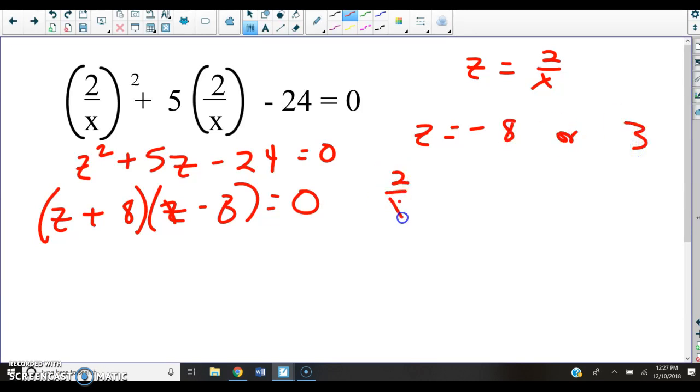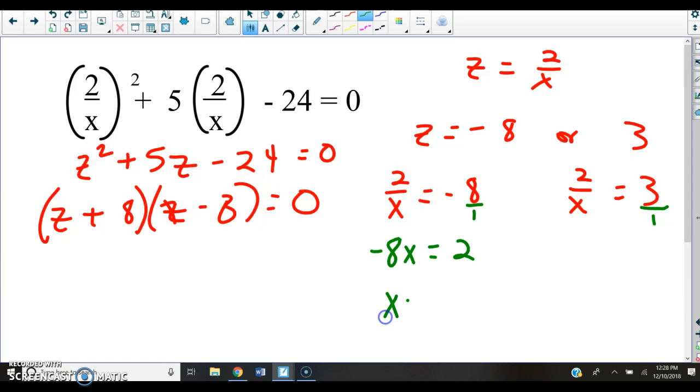So 2 over x equals negative 8. 2 over x equals 3. How do you solve those? I don't know about you, but I put these over 1, cross multiply like it was a proportion, and then divide to solve for x. So I'll get negative 1/4. This one, get 3x equals 2, so x equals 2/3.